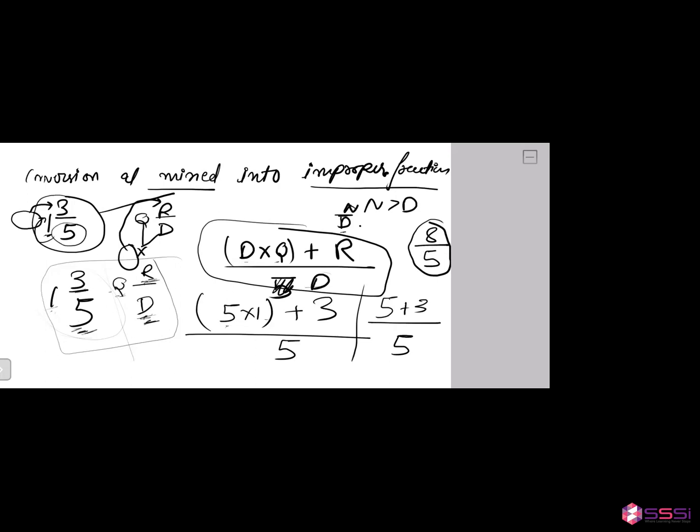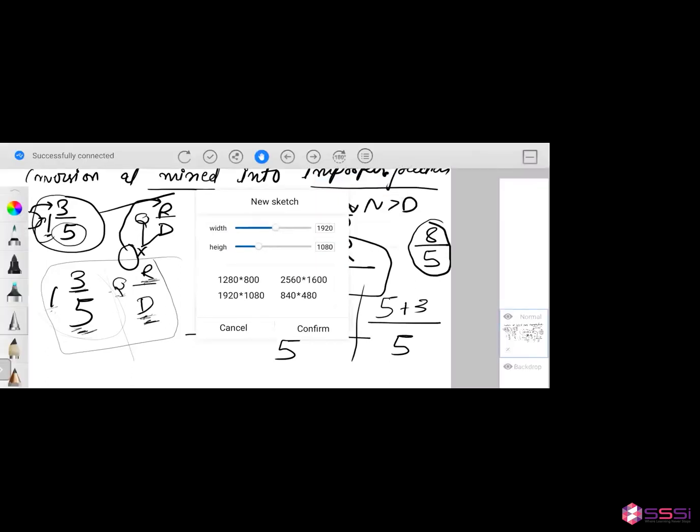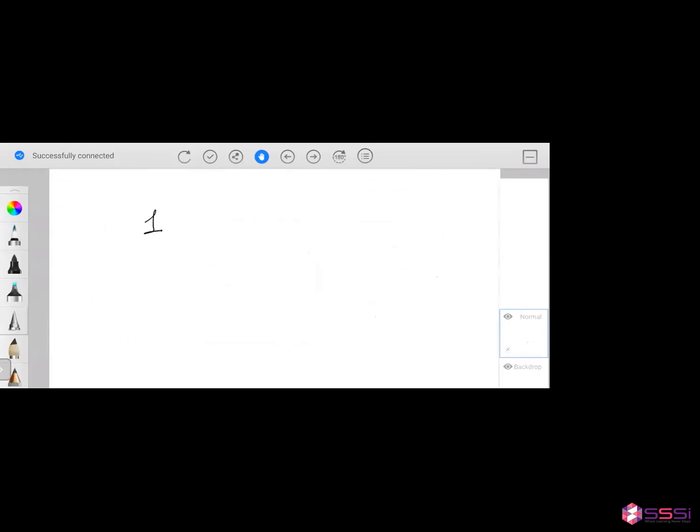Okay, we did it. Conversion of mixed into improper fraction. We had 1 is to 3 by 5. And we know Q, R, and D. There's a formula for it. But I told you initially, if we have 1 is to 3 by 5, just remember the denominator will come as it is.